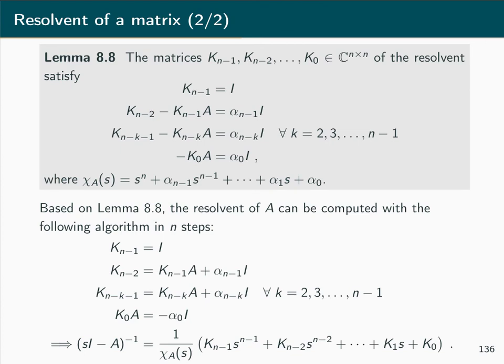And then the resolvent of A, (sI minus A) inverse, is given by 1 over the characteristic polynomial of A times all of these factors that we have just computed, multiplied with the corresponding power of s.